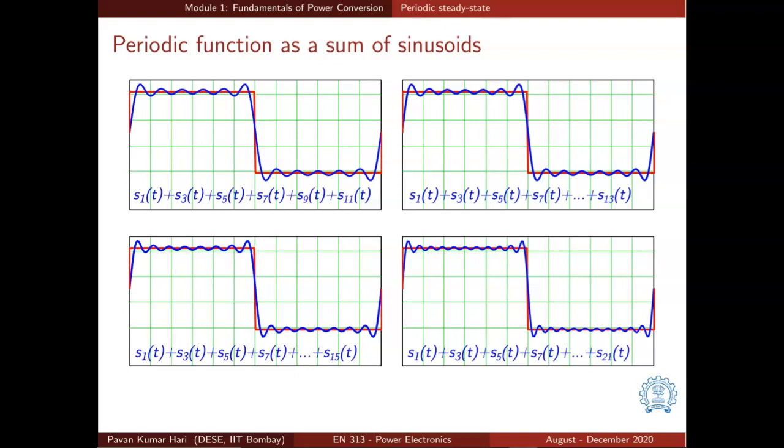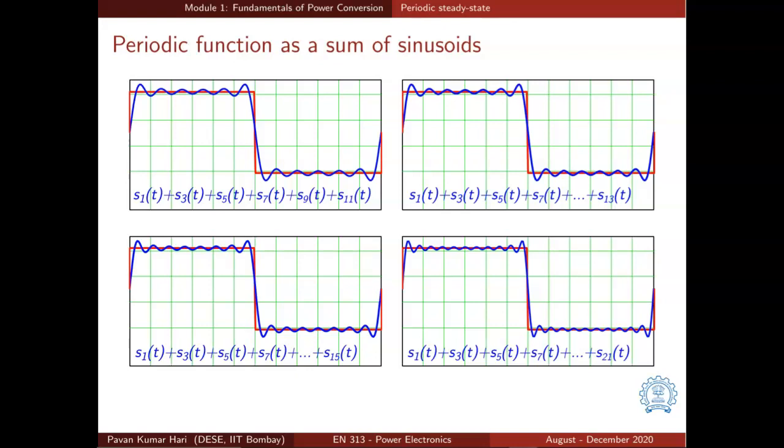So it can be observed that as the number of frequency components in the sum is increased, the resultant waveform becomes closer and closer to a square wave. In other words, a square wave can be seen as the combination of sinusoids at different frequencies. The same is true with any other periodic function.